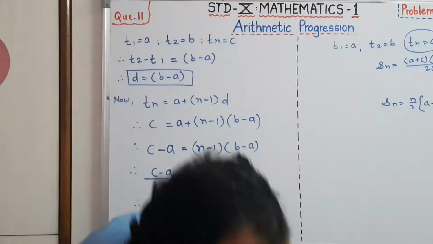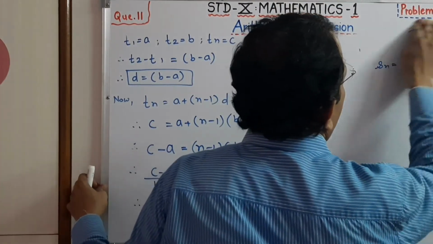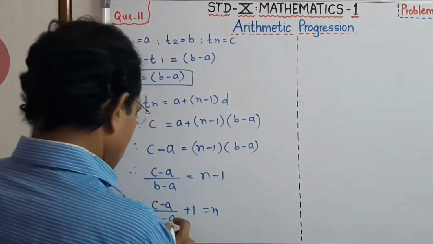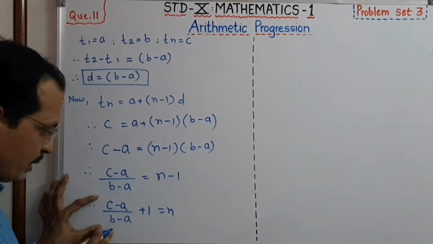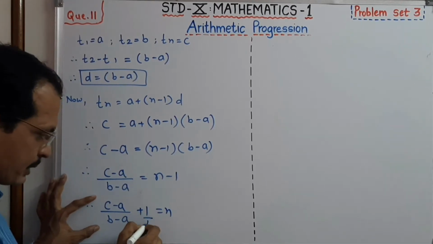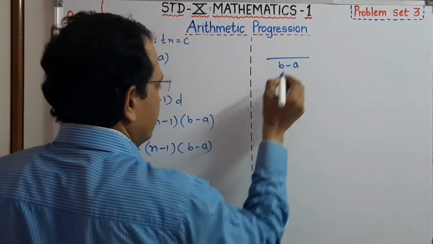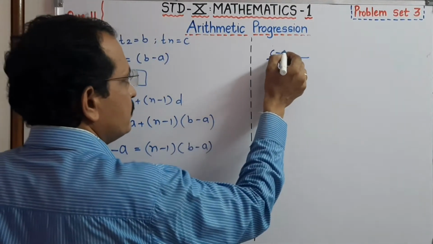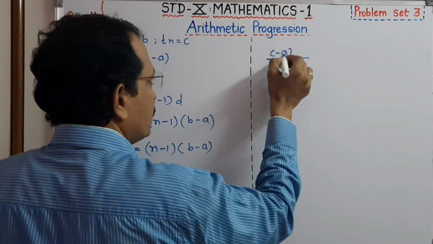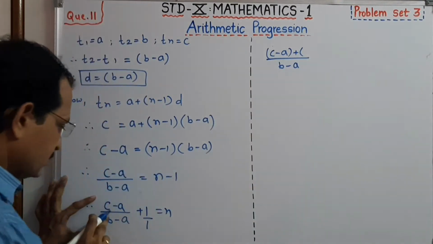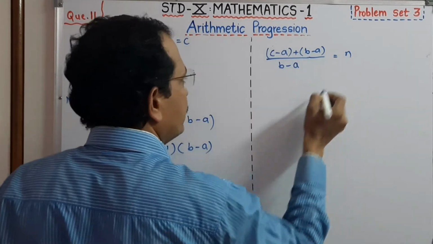Now dear student, what we have to do? We have to see here, this C minus A upon B minus A plus 1 is equal to n. Therefore we write here B minus A into C minus A, cross multiply, plus this B minus A is equal to n.